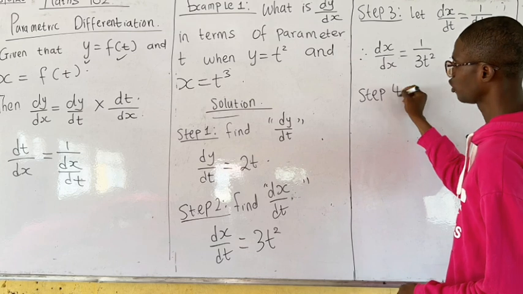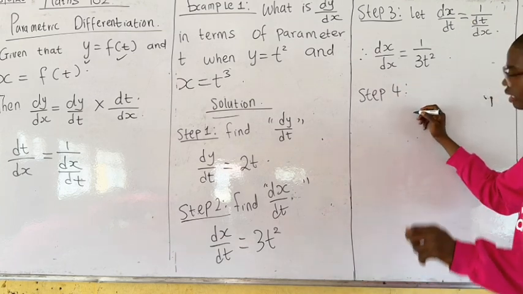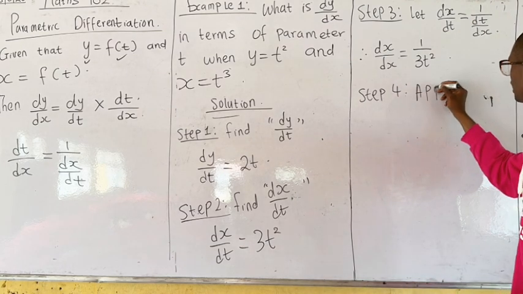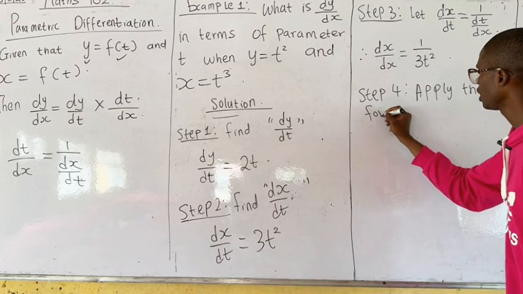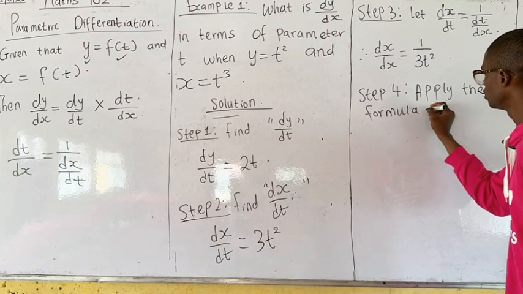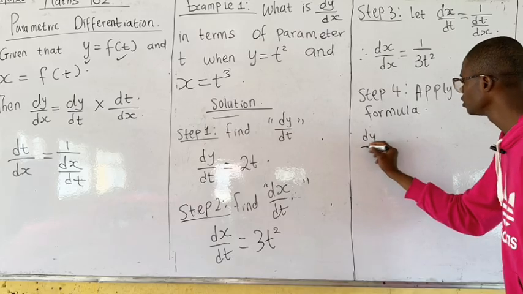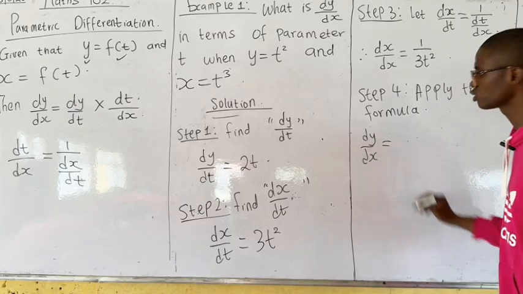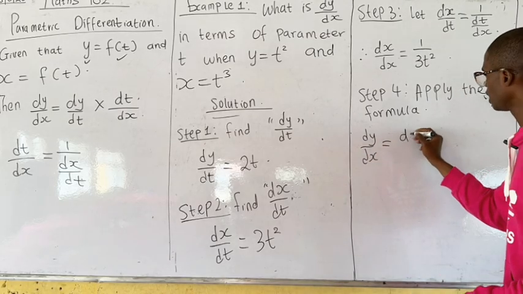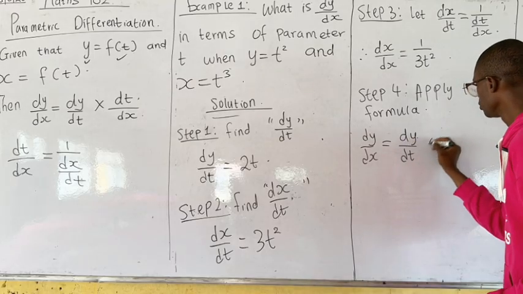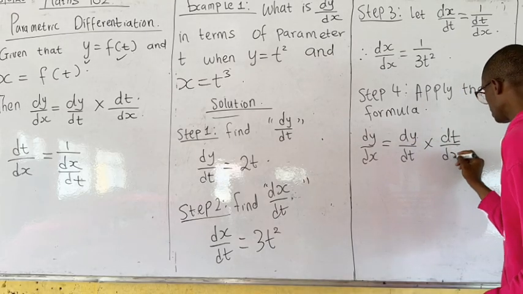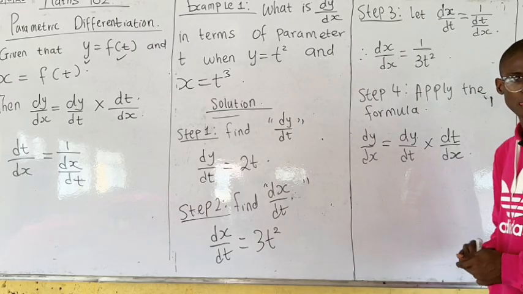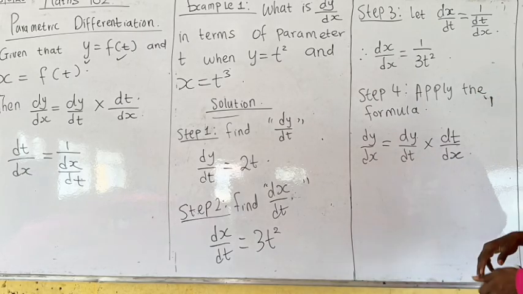Step 4: apply the formula. And what is the formula? dy/dx is equal to dy/dt multiplied by dt/dx.